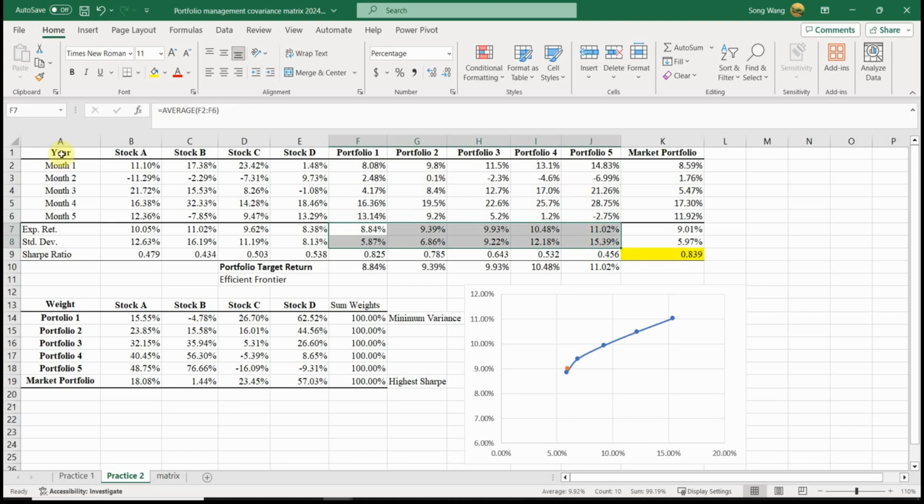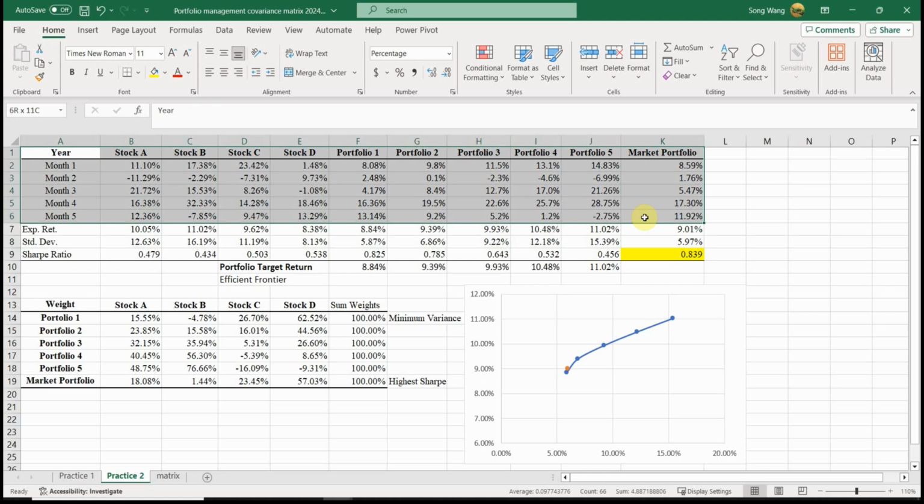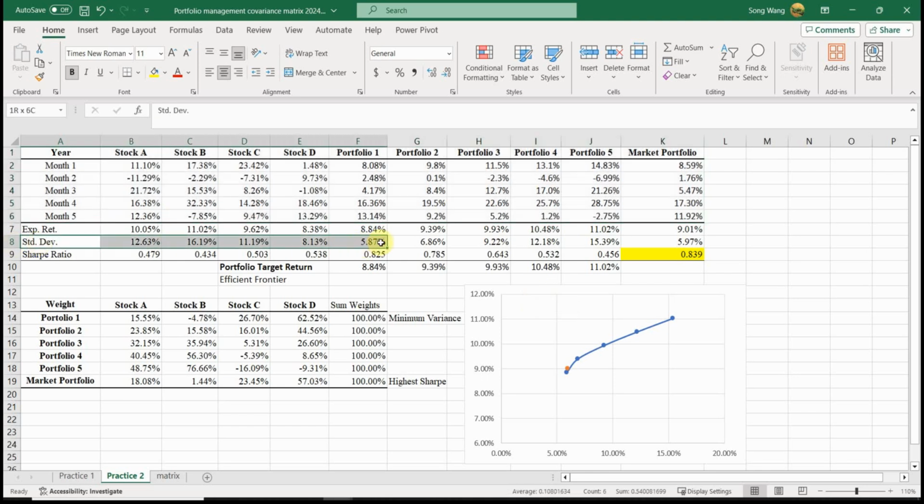So instead of calculating the monthly return for the portfolio, you can just directly work on the standard deviation, based on the individual stock standard deviation. Okay, so I'm talking about this standard deviation and the portfolio standard deviation.